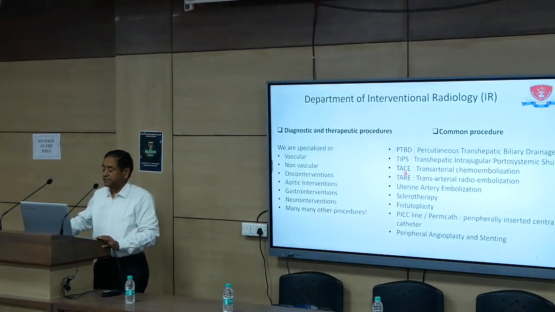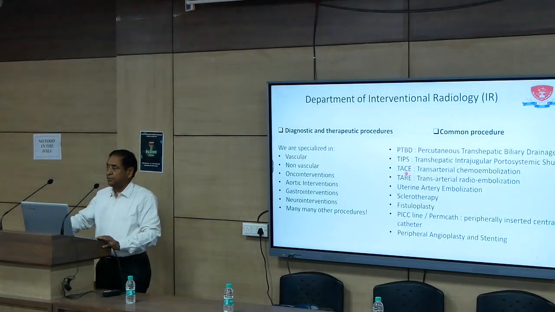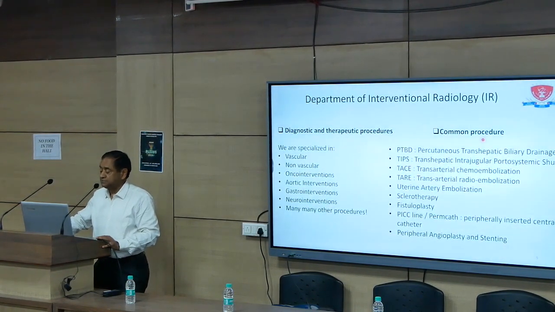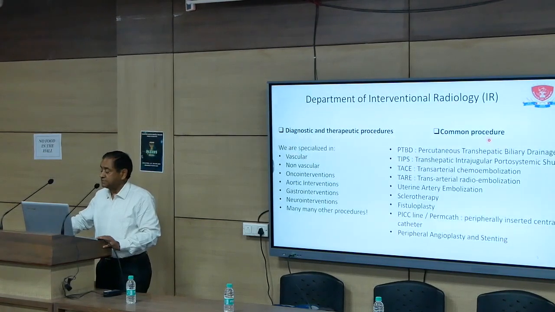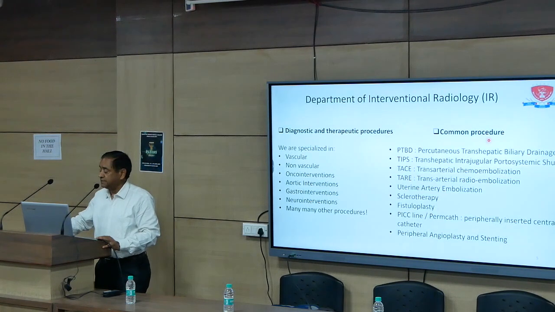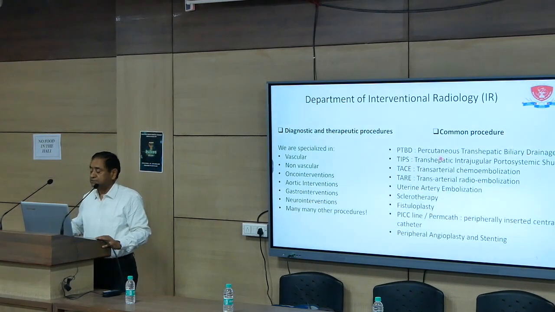Regarding the work at the Department of Interventional Radiology, we are doing all the diagnostic and therapeutic procedures. The common procedures are the percutaneous transhepatic biliary drainage and the transjugular intrahepatic portosystemic shunt, very commonly known as TIPS.